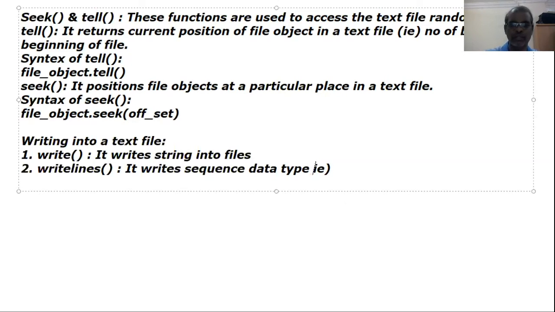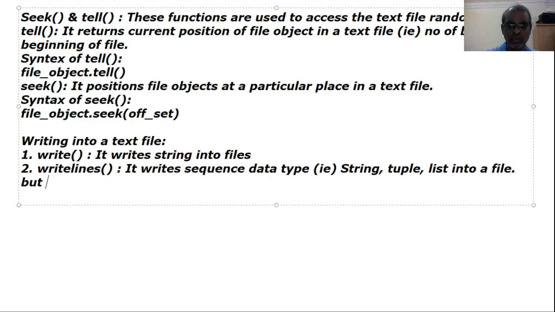The sequence may be a string, tuple, or list. These are collections of different elements written into the file. But all elements of the sequence must be strings.